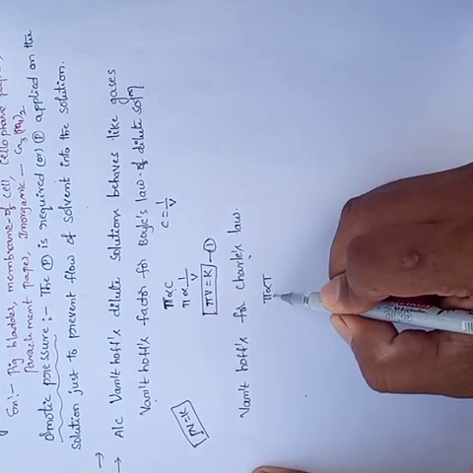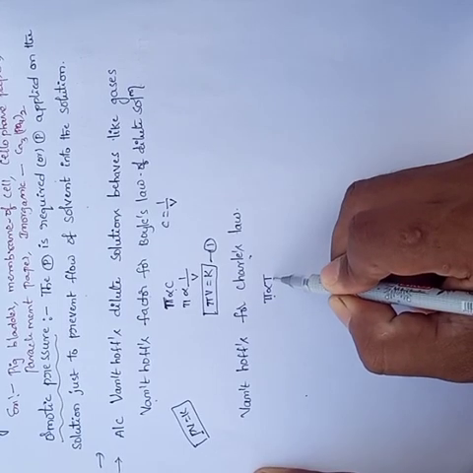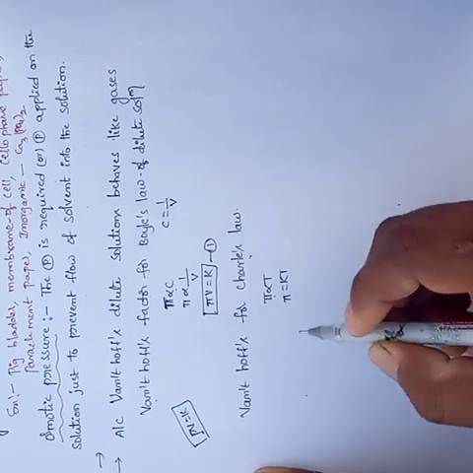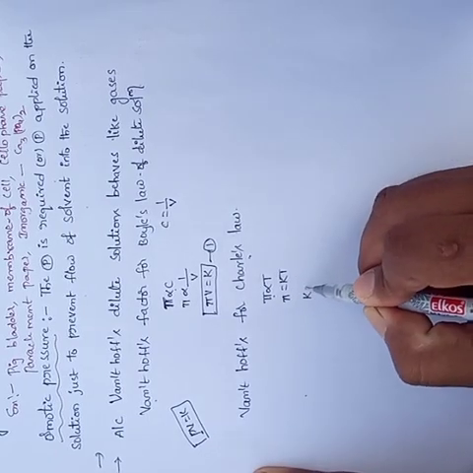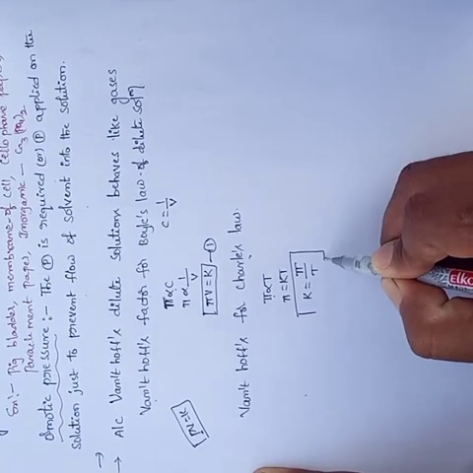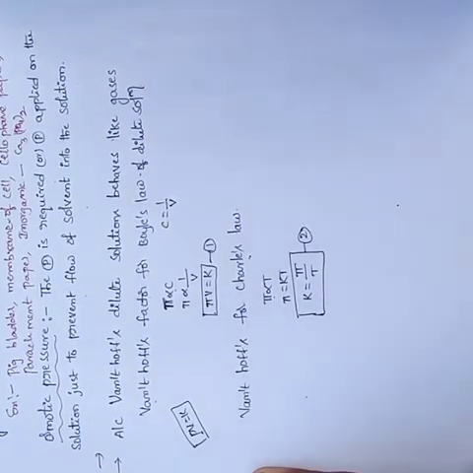Charles' law: osmotic pressure is directly proportional to temperature. Then pi is equal to k into T, so k is equal to pi by T. Take this as equation 2.